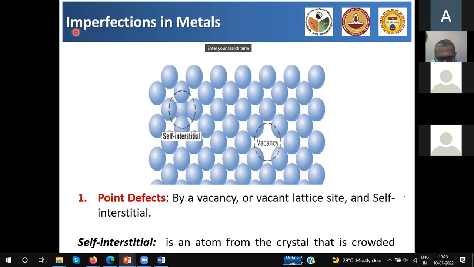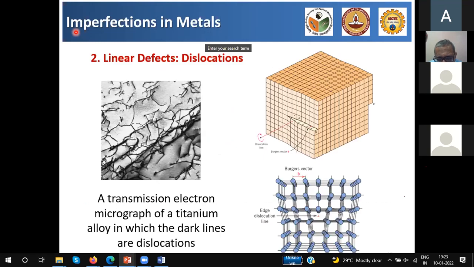So people talk of these phenomena in solid state physics, and that is what is being talked about even in the metallurgy literature.